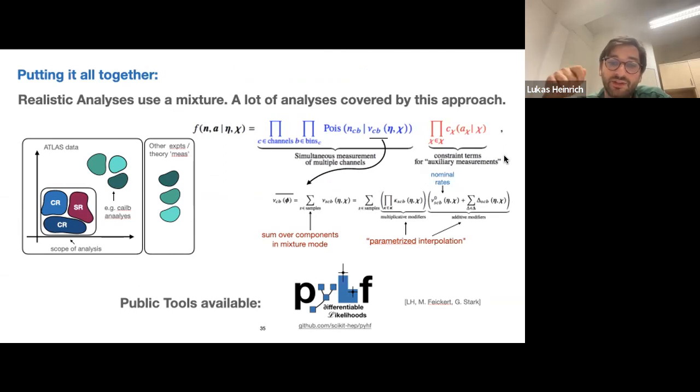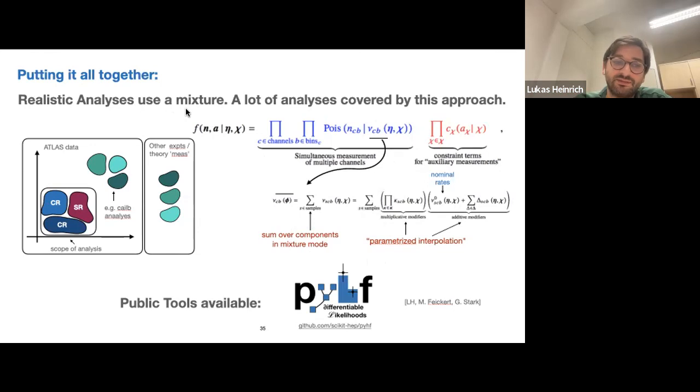And then you have additionally these constraint terms where you have all of these subsidiary measurements that constrain specific nuisance parameters. And then if you look more closely into what an expected number of events is for a specific point in this one-dimensional distribution, you get this mixture of different components and then these interpolation factors.